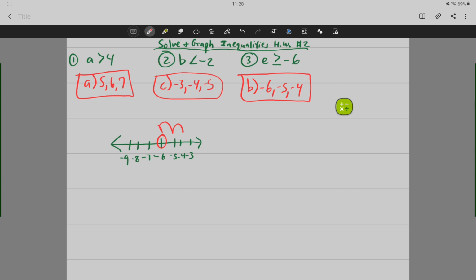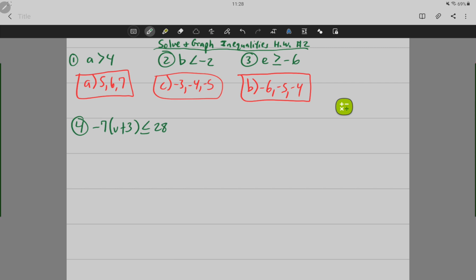All right, so now time for number 4. Number 4, we have to solve and graph this inequality. So let's see. Number 4, we have solve and graph the inequality -7 times v plus 3 is less than or equal to 28.